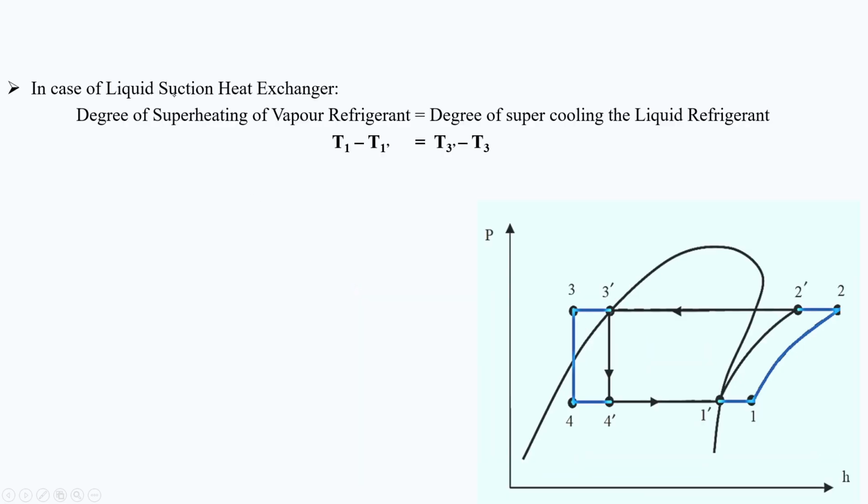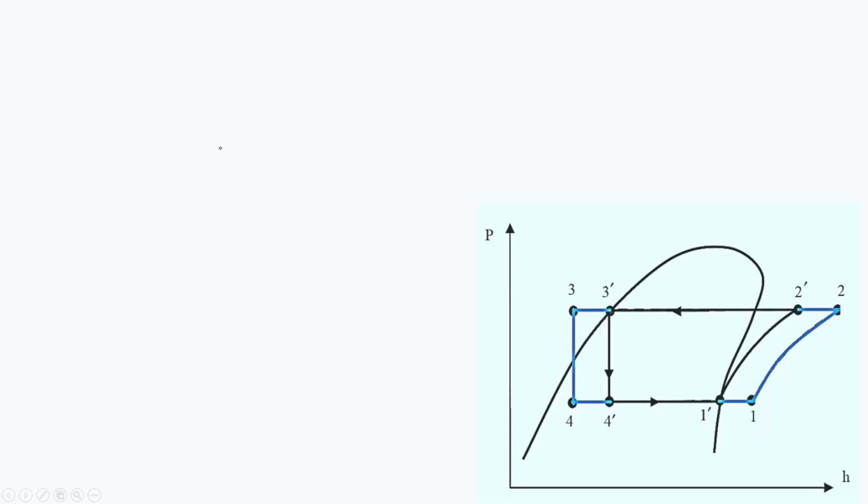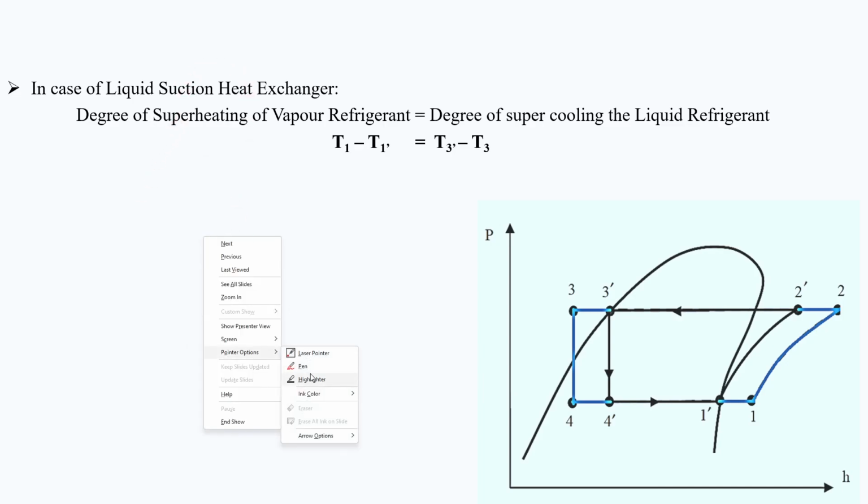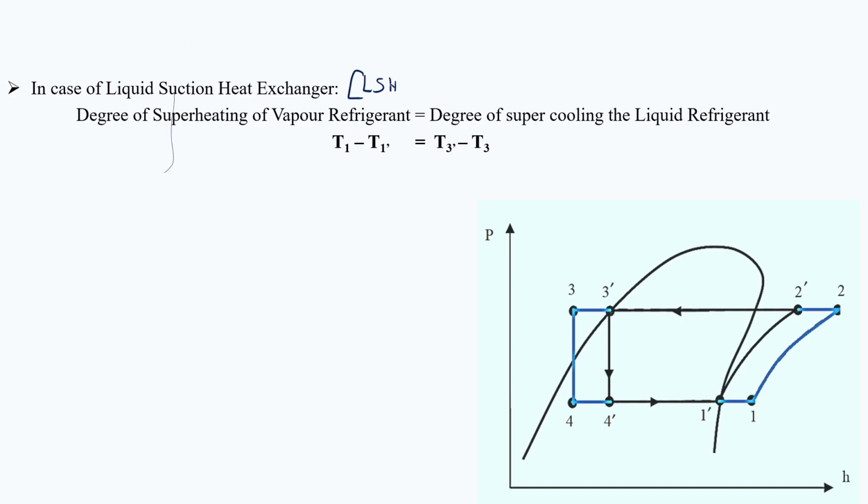Now, if the heat exchanger used is given by the term something like liquid suction heat exchanger, or it is given as LSHX, in our question the degree of superheating the vapor refrigerant will be the same as the degree of supercooling the refrigerant.